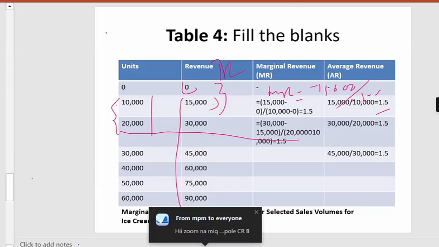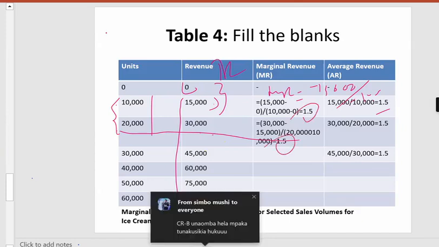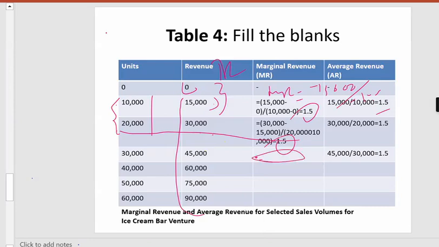Okay, I was looking at average revenue. So here, right? Can you compute here, please? What do you get? What is the marginal revenue here? I need this level here.